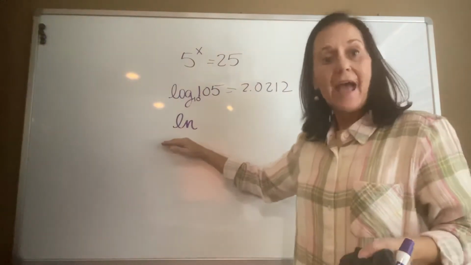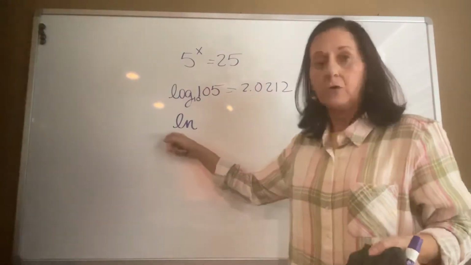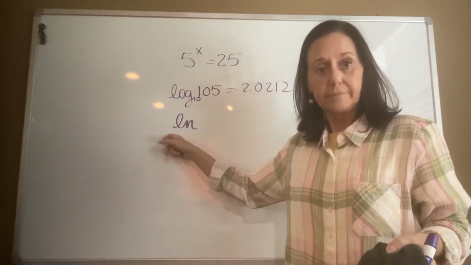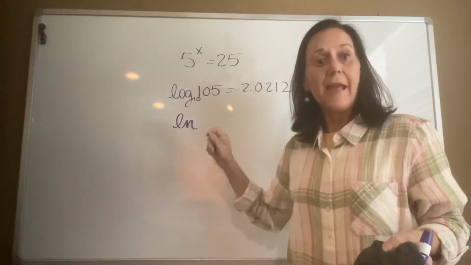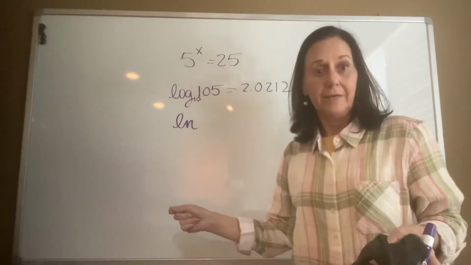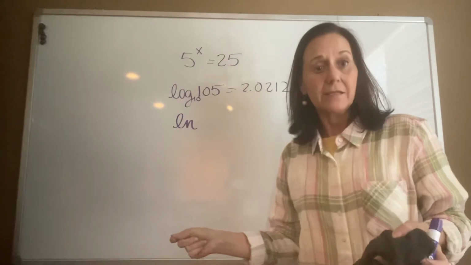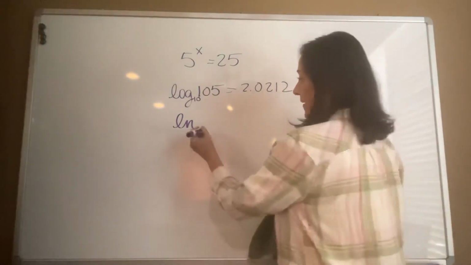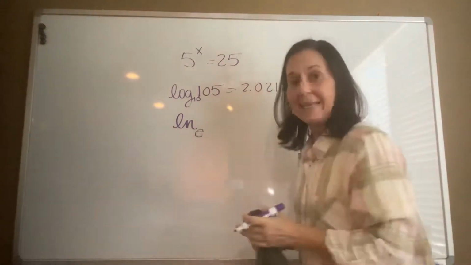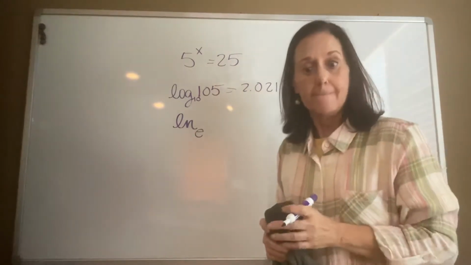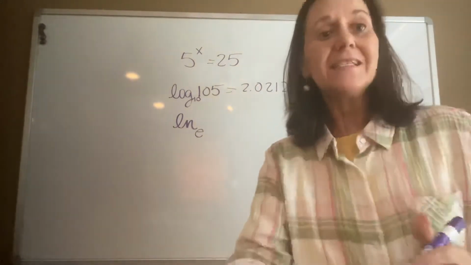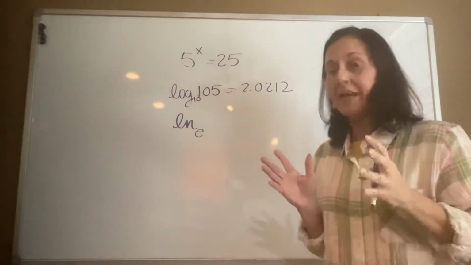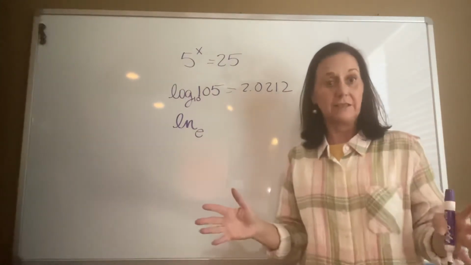But when we look at the natural log, its base will never be written because the base will always be the value e, okay? And e is a constant, much like pi is a constant, okay?